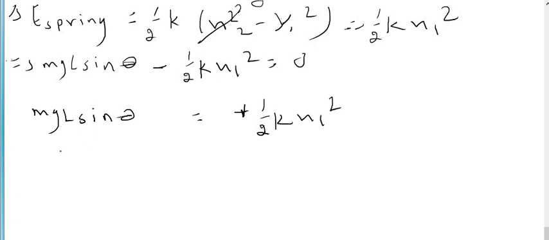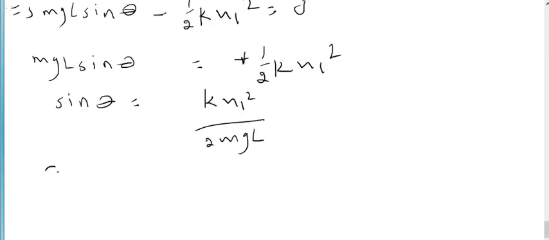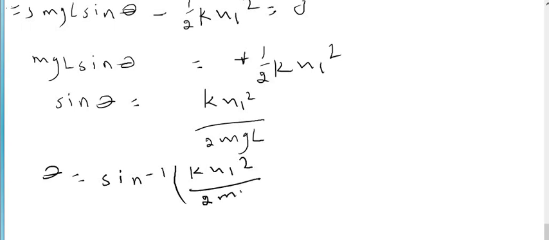So making sine theta the subject of the formula, sine theta is K x1 square all over 2 mgL. So making theta the subject of the formula, theta is sine inverse of K x1 square all over 2 mgL, which is the same as what we get by substituting the values in a similar way as we did.